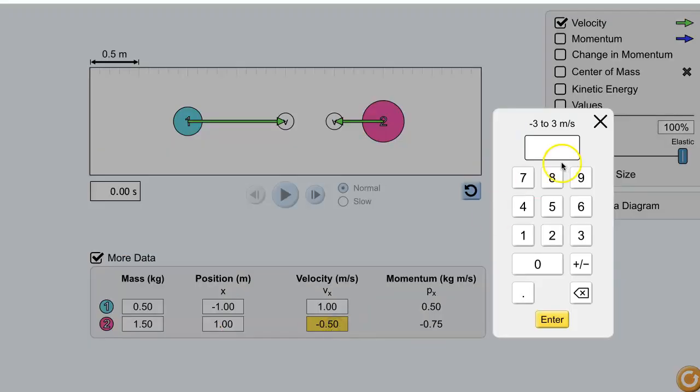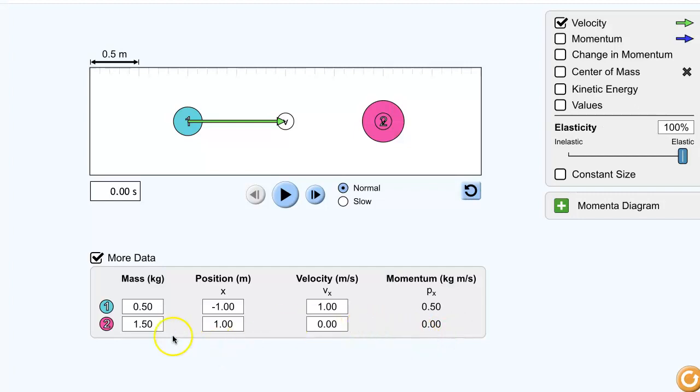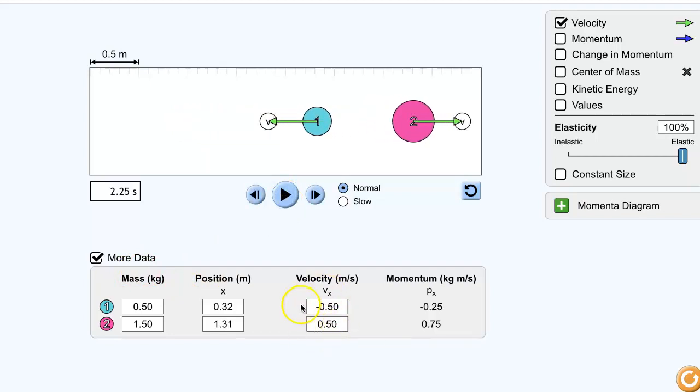And let's have this 0 also. Then I'm going to have the lighter impactor case, and you're going to record the velocities here. You don't have to worry about the position. And when we start, we're just going to have that velocity highlighted.